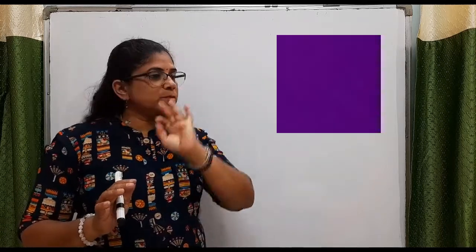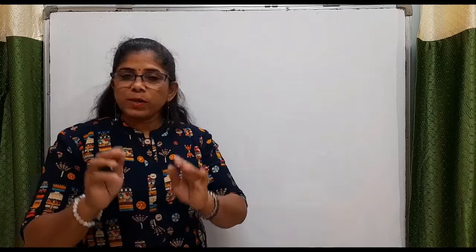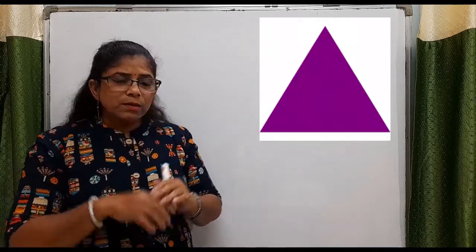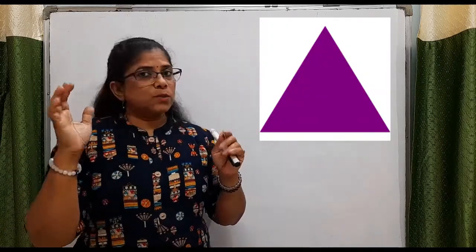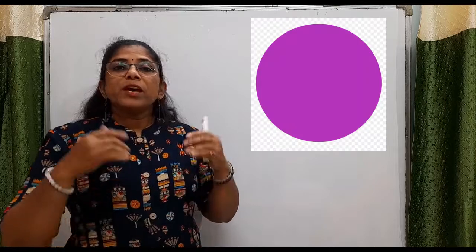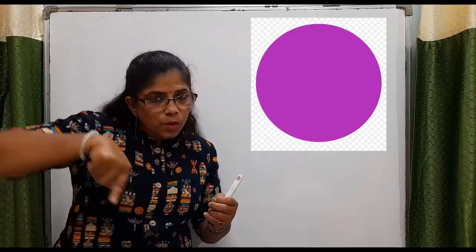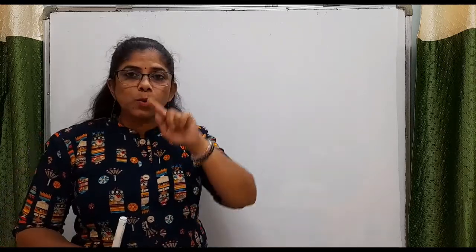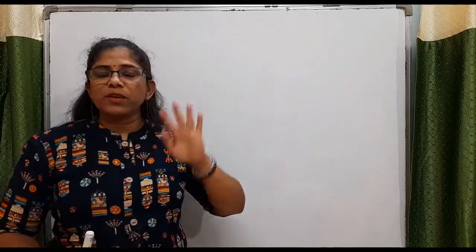If it is a square, the sum of the four sides of the square is the perimeter. If it is a rectangle, again the sum of the four sides of the rectangle is the perimeter. If it's a triangle, the sum of the lengths of the three sides of the triangle is its perimeter. If it's a circle, then the length of the circumference is the perimeter. Circumference is the perimeter of the circle. So perimeter is the total length of the border of the given figure.